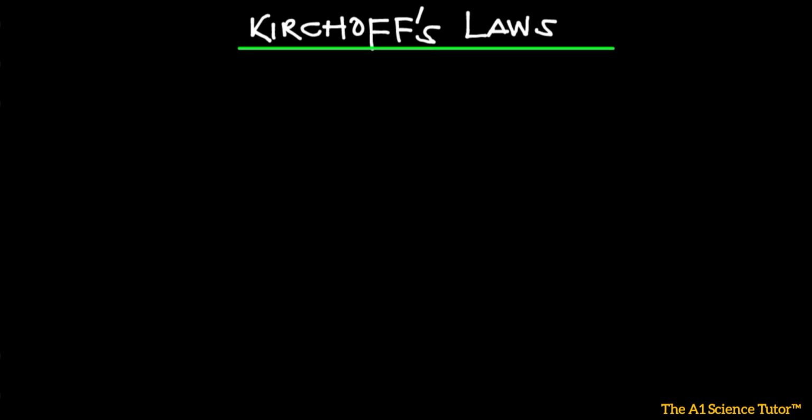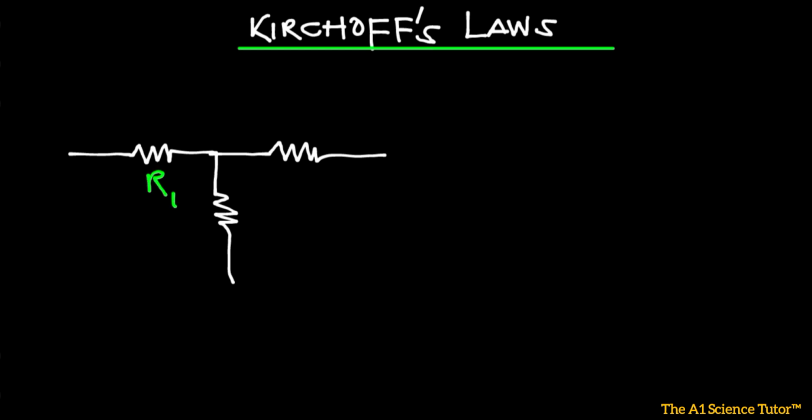Now there is something I want to show you finally. Let us say you had something like this. Let's say this is the first resistor, this is the second resistor, and we had this to be the third. Let us say first current comes to this point.